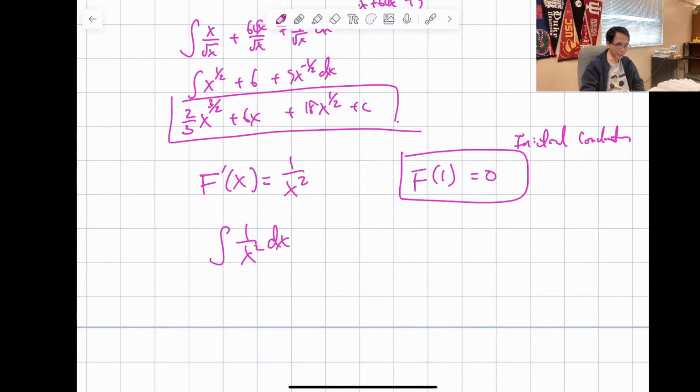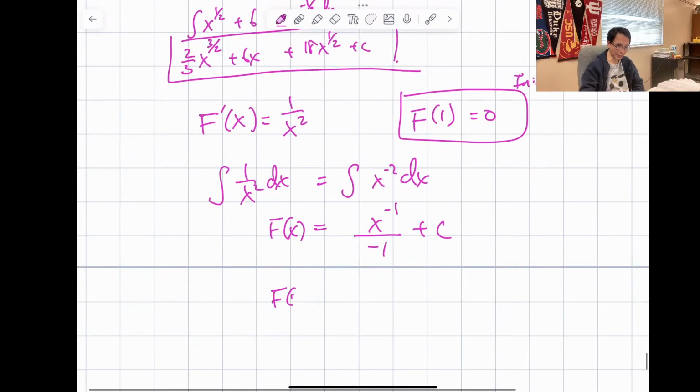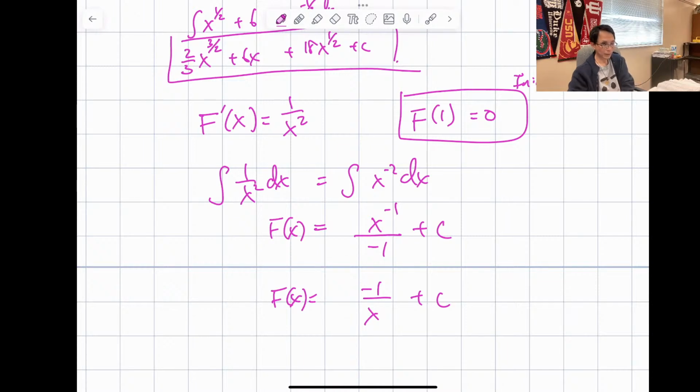I know how to do that because that's x to the -2 dx. And that's going to be x to the -1 over -1 plus c. Is that okay? This is the reason why you need this, because that's going to be f of x equal to -1/x plus c. Now, with the initial condition, if you don't have the plus c, you don't know how to find c.